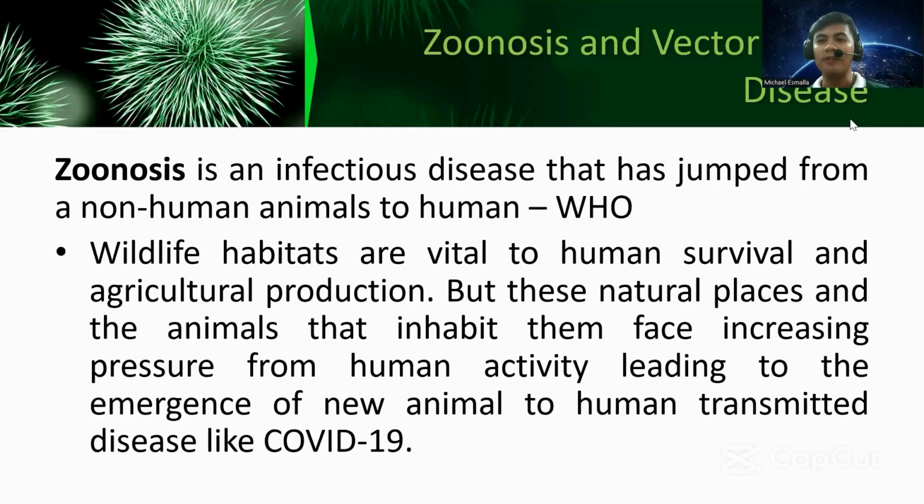Again, if we change the different climatic conditions due to habitat alteration, the organisms living in that area are prone to viruses and to different diseases. Like for example, we have the bats, right?